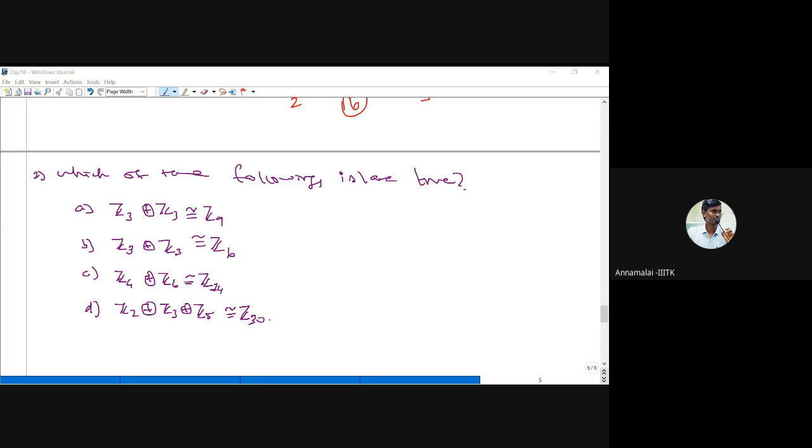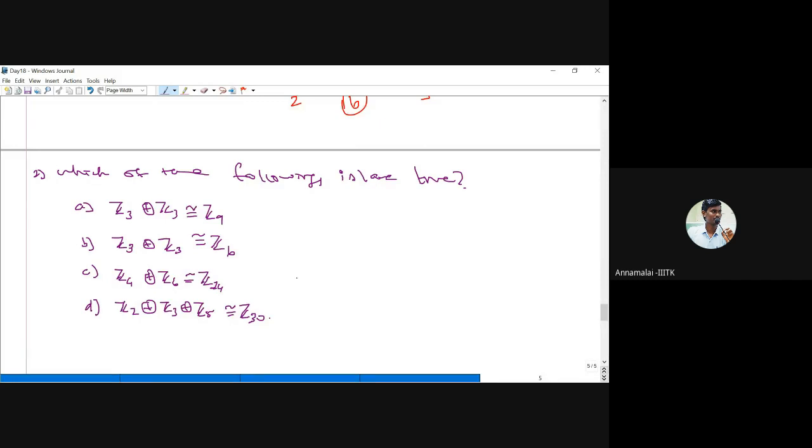We know that the Cartesian product Zn cross Zm is isomorphic to Z of the product of the two numbers. What is the correct answer? Anyone?